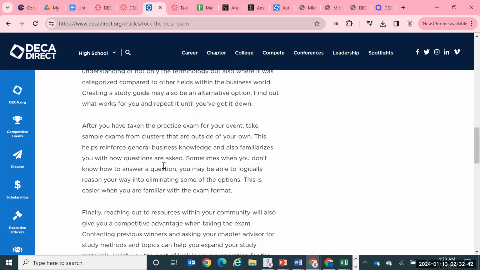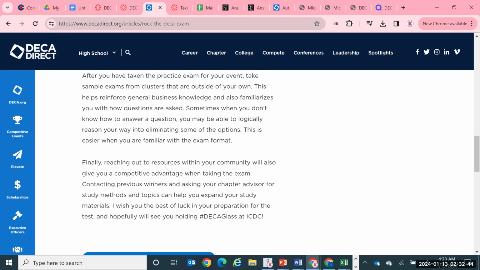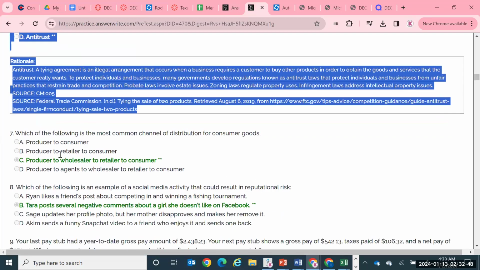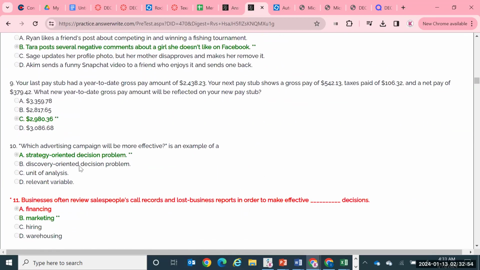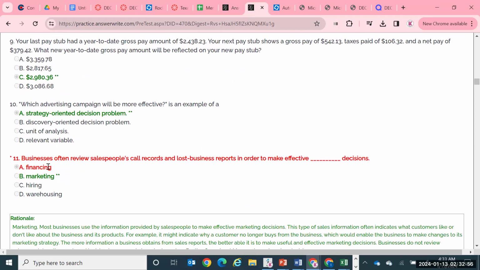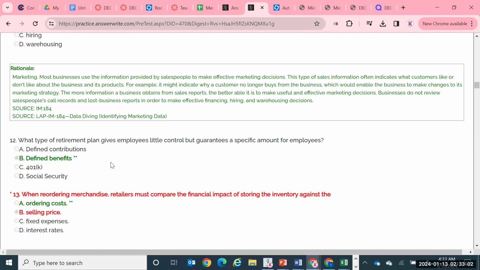The other thing that I would want you to do, so you've taken practice exams. If you look at the practice exams, you'll notice that some of them, you can automatically take out some of the answer choices because they just don't make sense. Typically, there's one or two that do not make sense.